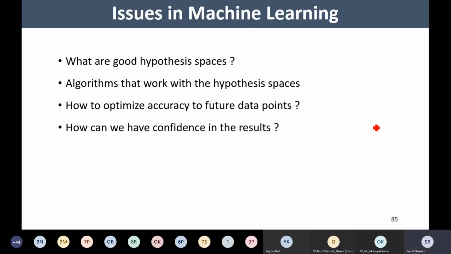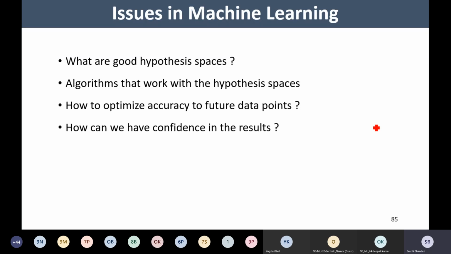Once we are done with selecting the hypothesis space and the algorithms, and have found out how to optimize the accuracy, we also need to make sure we are confident that, whatever data points are presented to my system in future, my algorithm will respond confidently.